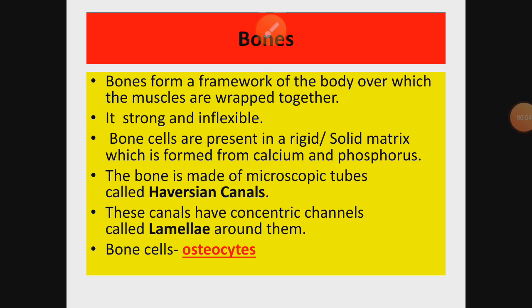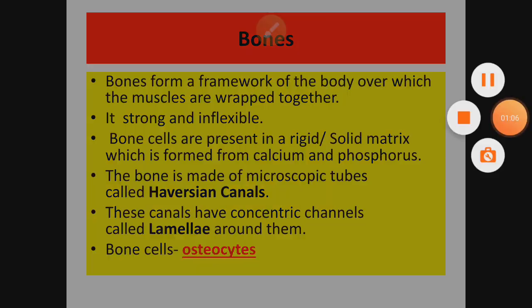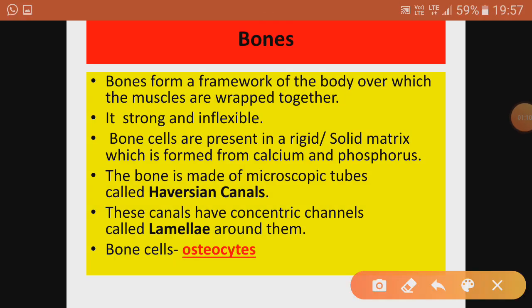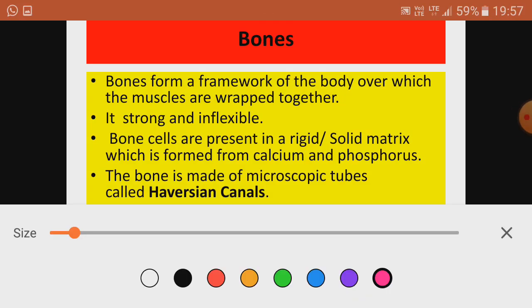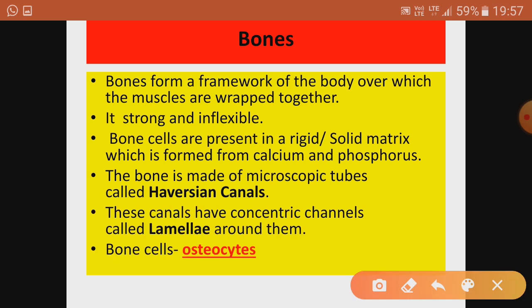So we know that bones form a framework of the body over which the muscles are wrapped together. It is strong and flexible. Why is it strong? Because it has got the solid matrix basically, and in bones and cartilage the matrix is solid.